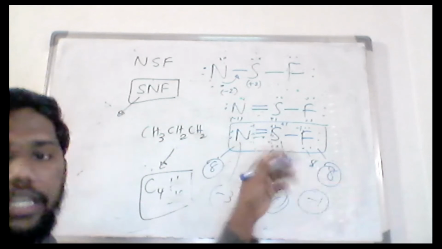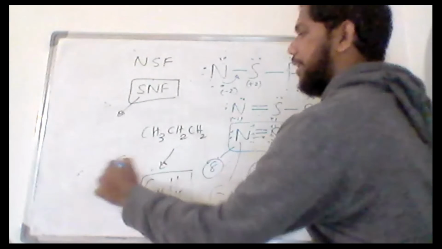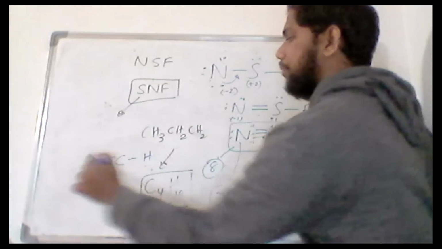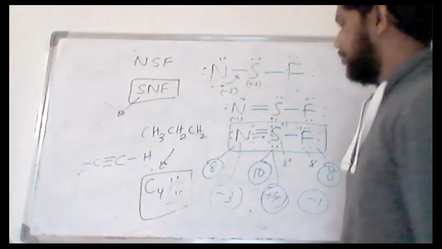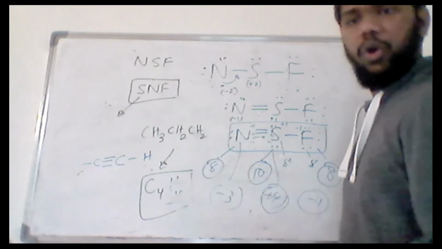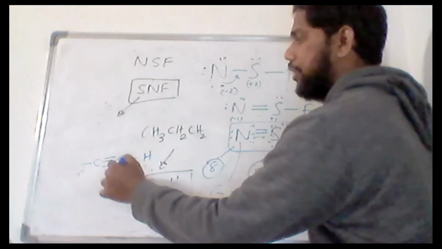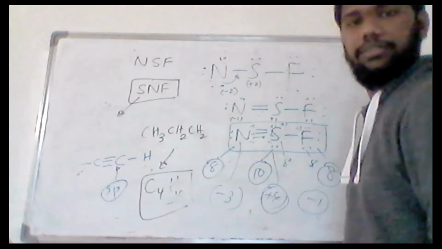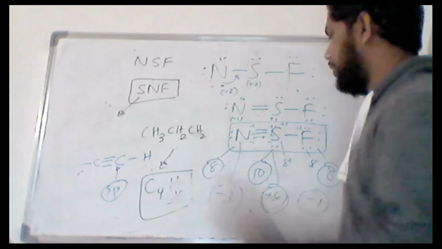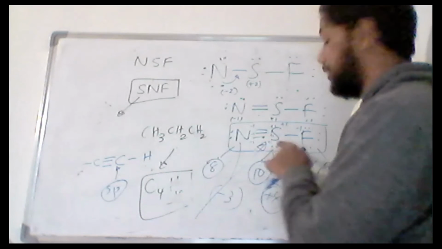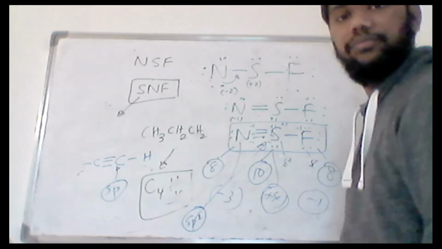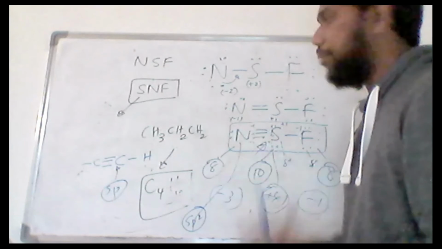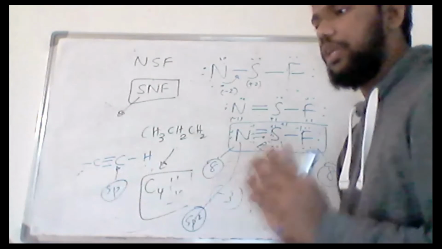For example, if I have a compound like this, with hydrogen like fluorine, I will connect this to another carbon like this. According to our organic chemistry, this carbon should be sp hybridized. But remember, this sulfur is not sp hybridized. It is sp2 hybridized. Now you will be confused because these are more or less similar.